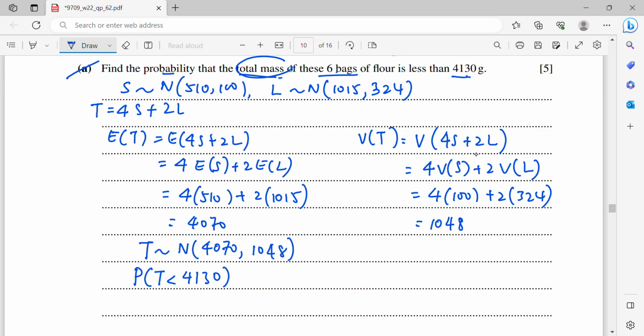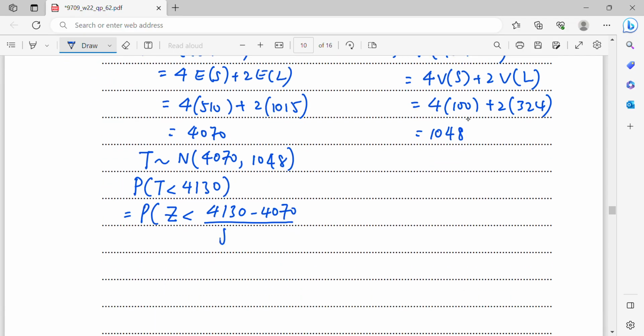So now we need to standardize it. So it will be Z less than 4130 minus 4070 over square root of 1048. Then here is going to be P(Z less than 1.853).